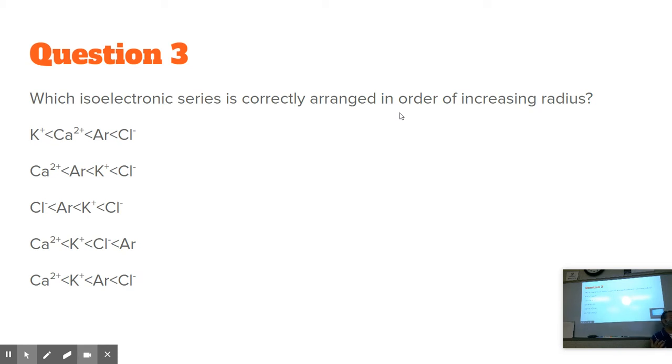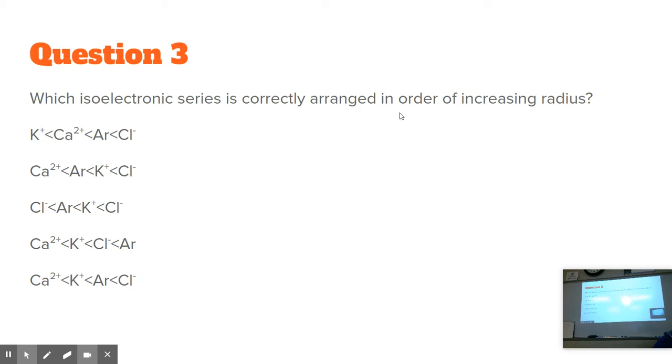An isoelectronic series is simply a grouping of elements that have the same number of electrons. Looking at these, there are certain situations where you might have to identify if it is in fact an isoelectronic series, but this one tells you right off the bat that it is.